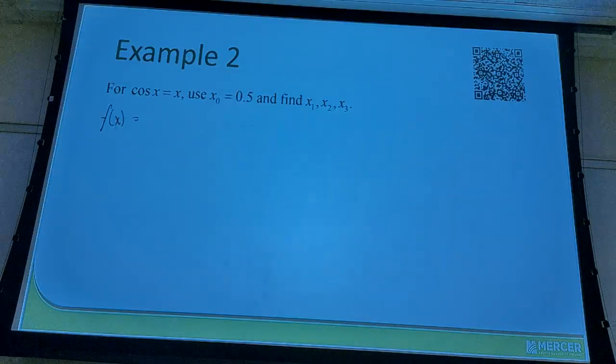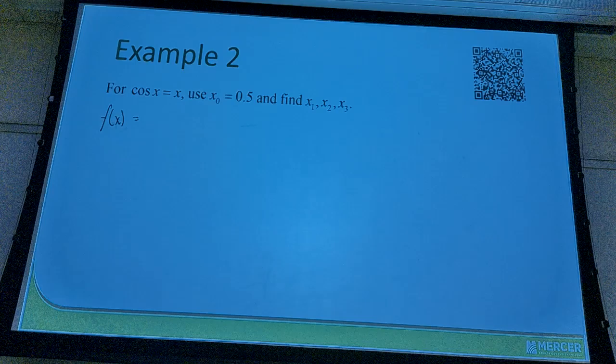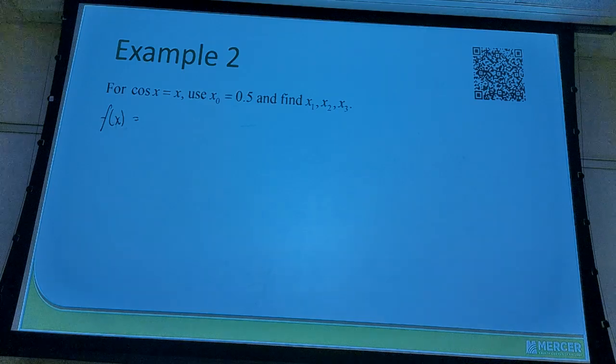You need your function. Well, remember what Newton's method is doing. It's approximating the root of f of x. That means it's solving f of x equals 0. So if cosine of x equals x, what's the function? Cosine x minus x. That equals 0.